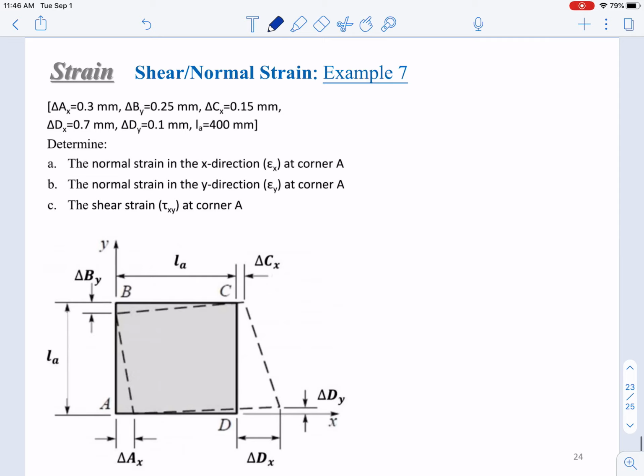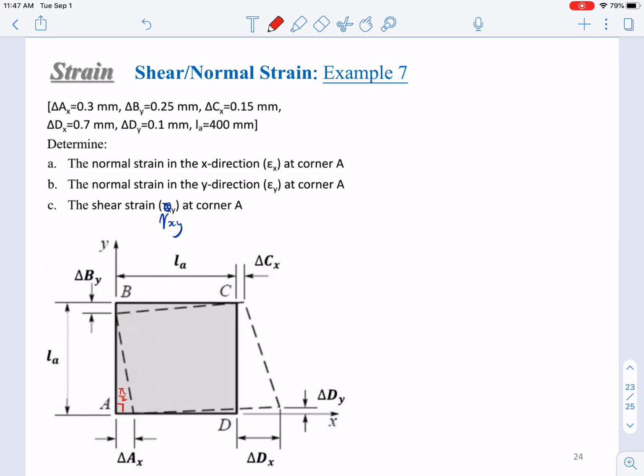Then the last step, we're looking for the shear strain, gamma xy, at corner A. At corner A, the original angle between x and y is pi over 2. Alpha equals pi over 2.